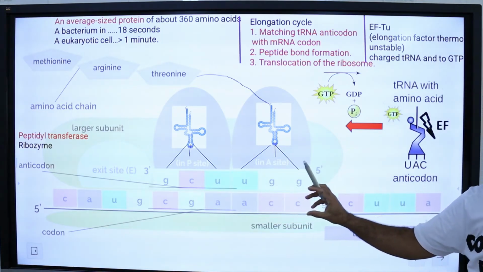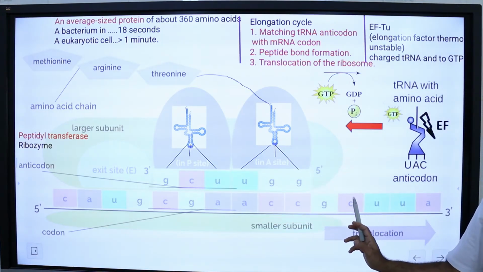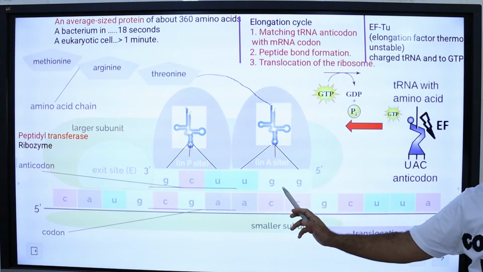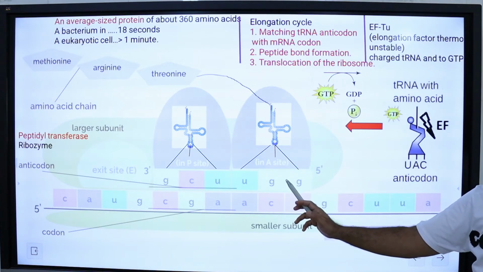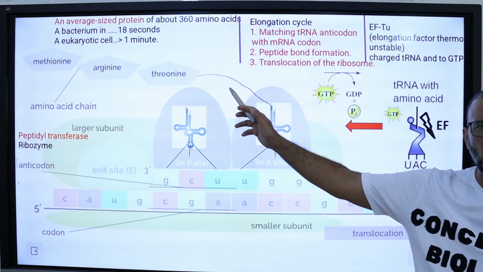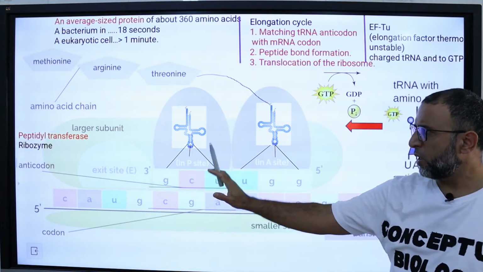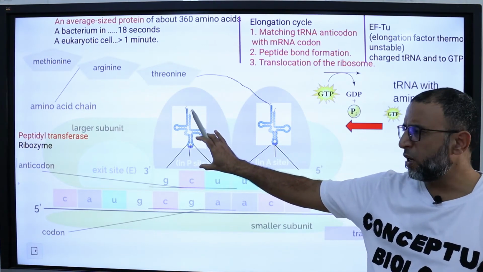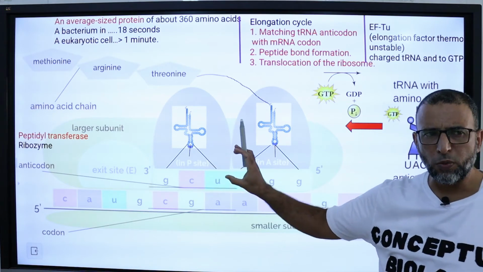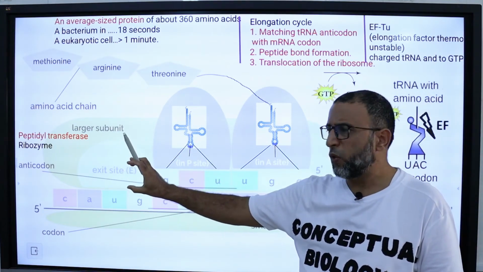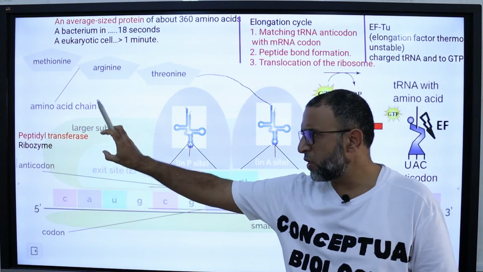So, during translocation, the next codon in messenger RNA shifts into the A site, and the tRNA with the growing polypeptide chain moves from the A site to the P site, and the uncharged tRNA from the P site moves to the E site, called the exit site. It will be ejected in the next cycle.